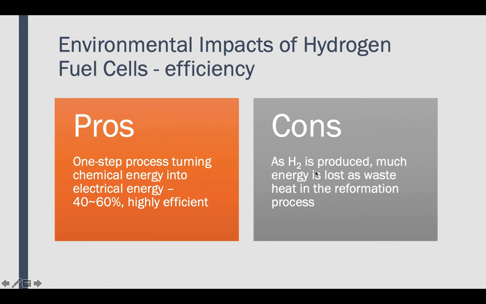However, when we produce hydrogen, we actually lose a lot of waste heat in the reformation process. So to produce the hydrogen, we have to waste a lot of things, and then it can help us save energy. So is this really good?